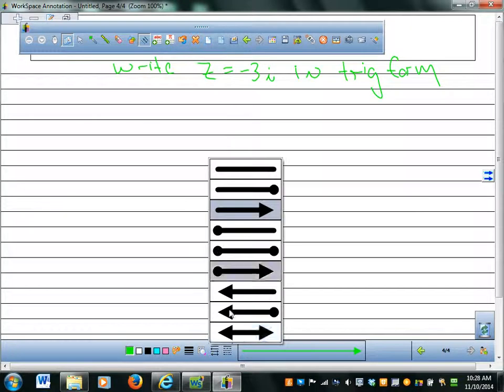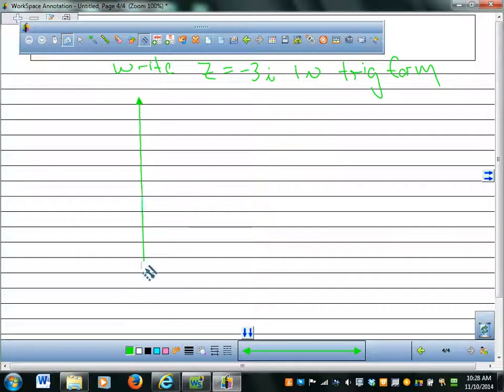If I draw a picture of negative 3i, where is it? It's straight down on the axis. If I went straight down 3 units, this would be negative 3i.